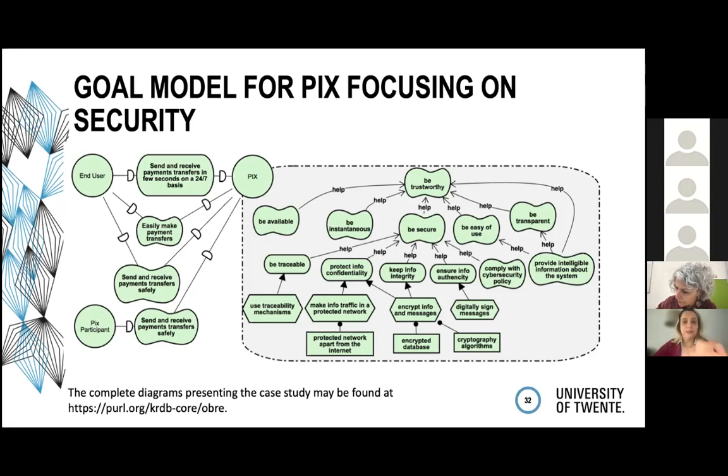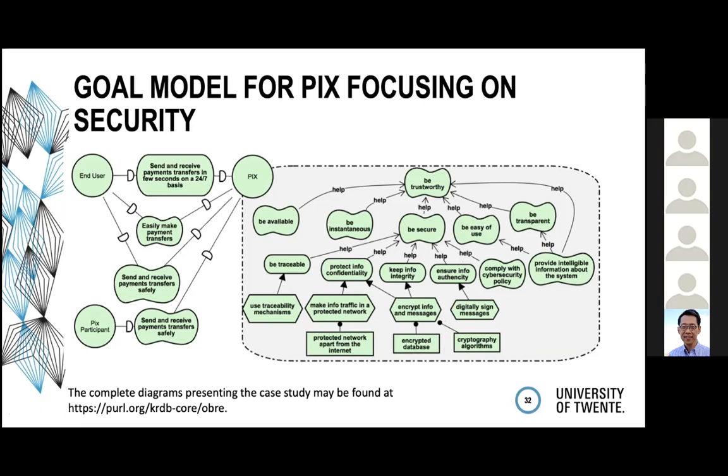I won't go through the model, but it's talking about sending and receiving payments, and how Pix accomplishes this by having these quality goals, and by refining this into more specific goals, and finally having some functionality, represented here by tasks, and some resources. So for those who know iStar, this is a pretty straightforward model.